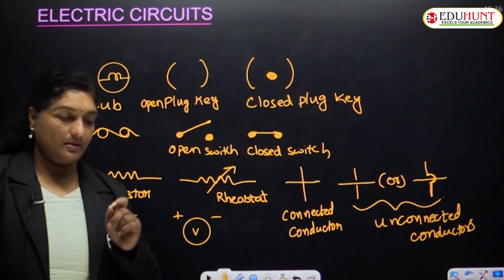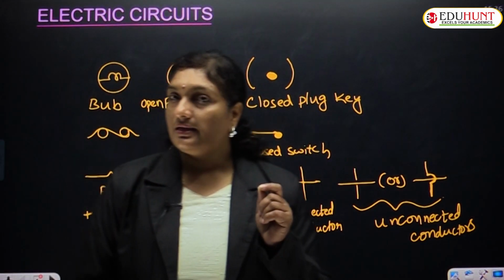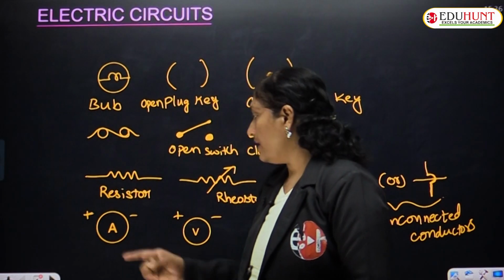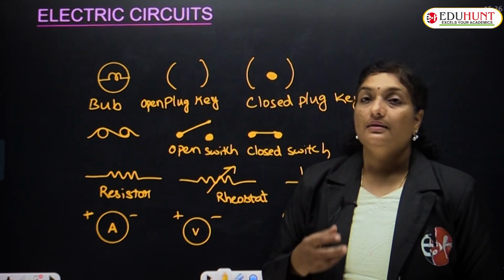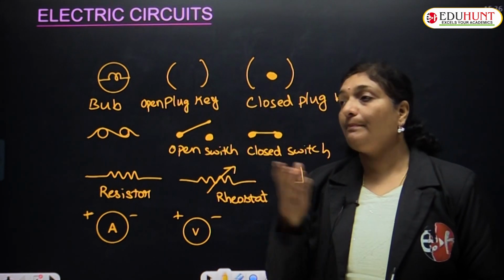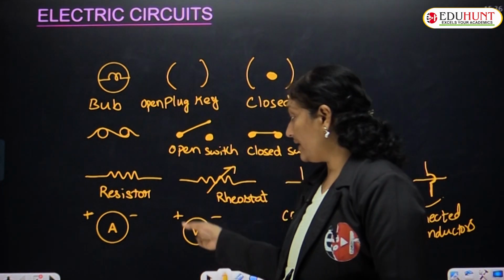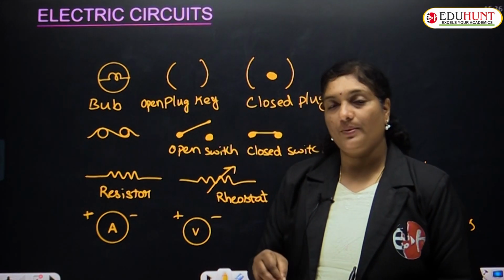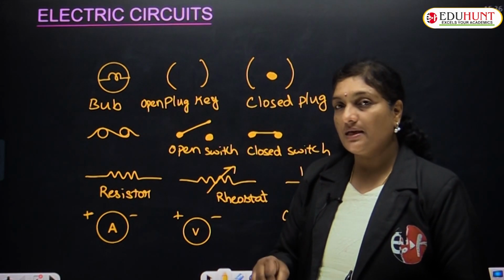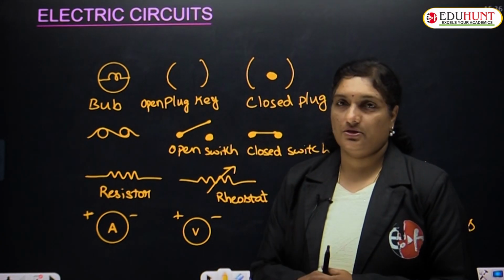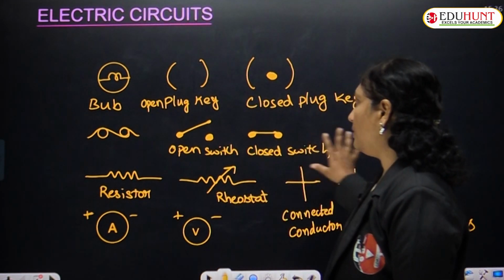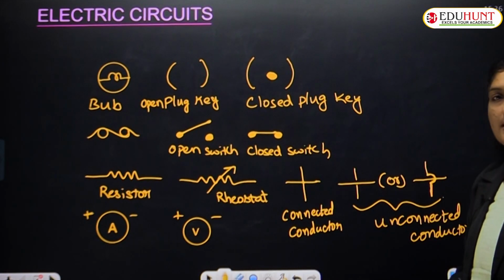Ampere is the unit for electric current. An ammeter is an instrument used to measure the amount of electric current passing through a circuit. Whereas a voltmeter is an instrument used to measure the potential difference applied across a circuit. I hope the symbols are clear.